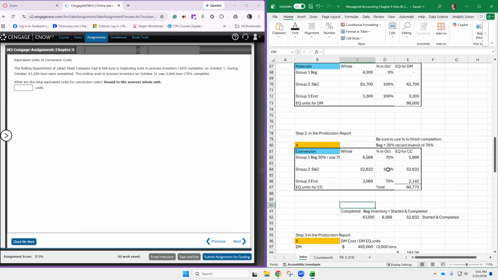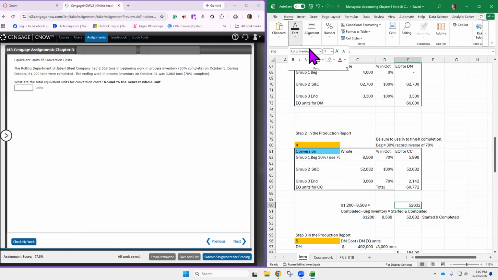So this is 61,200 minus 8,568 equals, okay, there's how we're getting that. There is how we are getting started and completed.